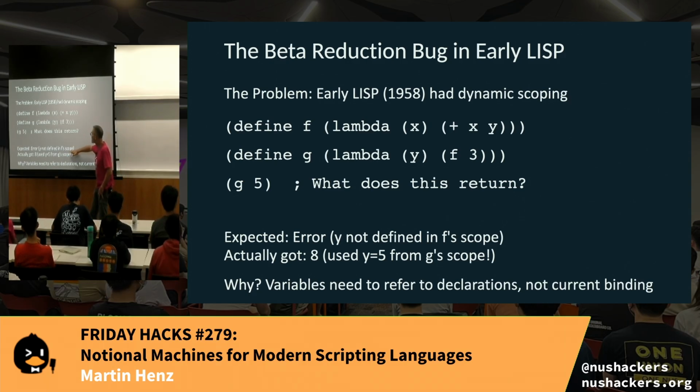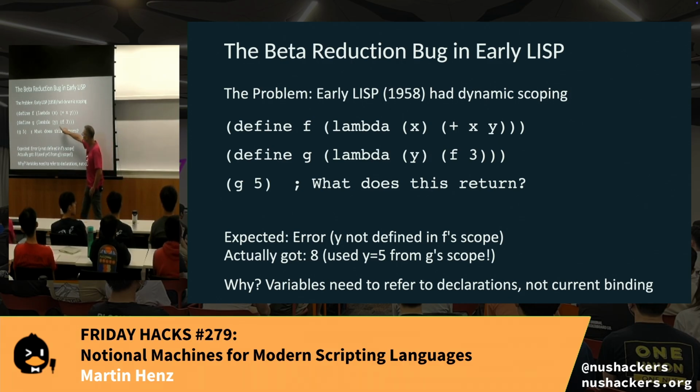The expectation when you run this program, G applied to 5, is: you're applying F to 3, and here you have an occurrence of Y that doesn't have a declaration surrounding it. So this should be a programming error. But the pioneers of Lisp got the binding mechanisms wrong.